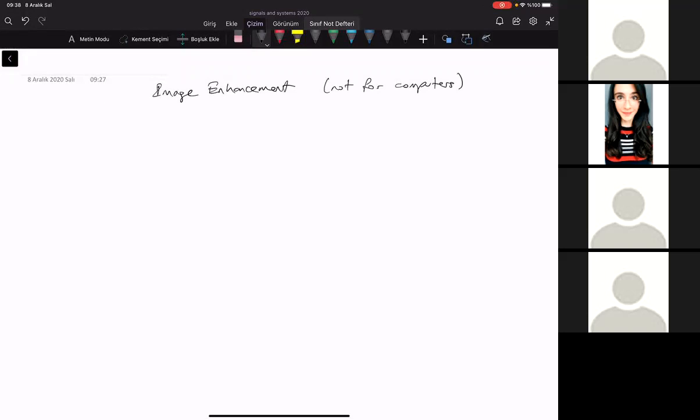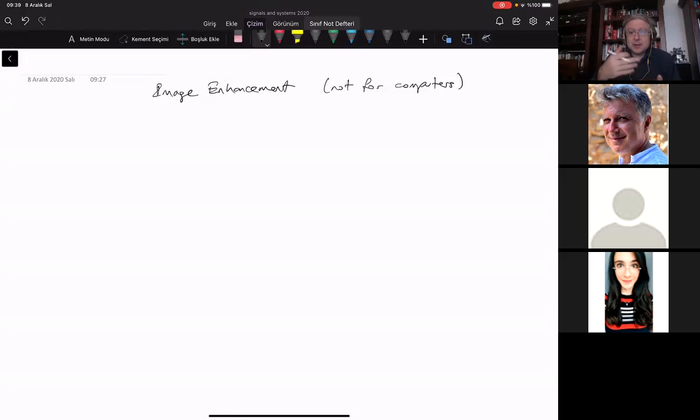And for those things, in a majority of the cases, the enhancement things that we will be talking about do not really enhance the image, but they actually deteriorate the image. But it looks better to our eyes. So we do it that way. And we will be learning how to do it that way, according to the human eye.